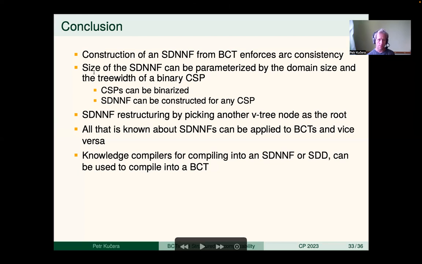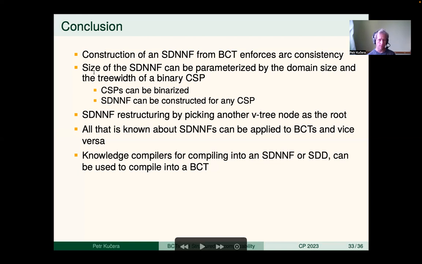The size of the SDNNF can be parameterized by the domain size and the treewidth of a binary CSP. The idea is that a CSP can be binarized and an SDNNF can be constructed for any CSP in this way. An interesting application of this approach is that structured DNNFs could be restructured by picking another vtree node as the root.